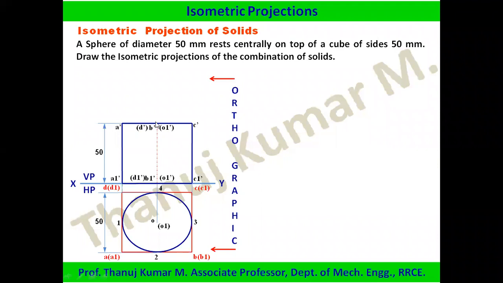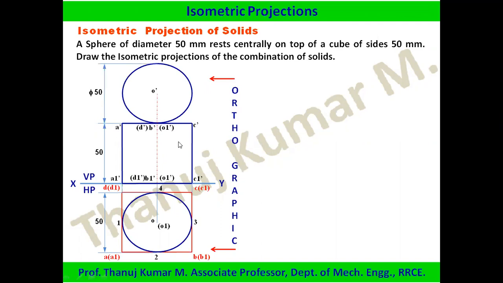And I'm measuring from this top the radius. This length is 25 mm radius. See, first you measure it, locate the point, and then draw the circle of 50 mm diameter.